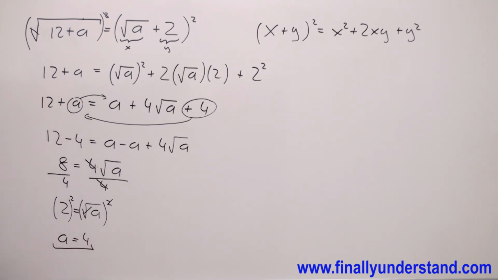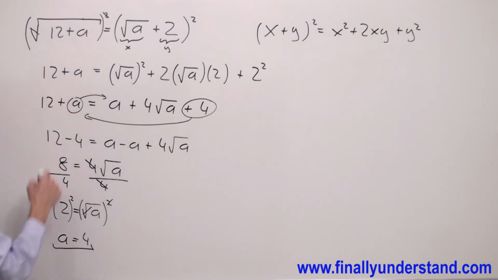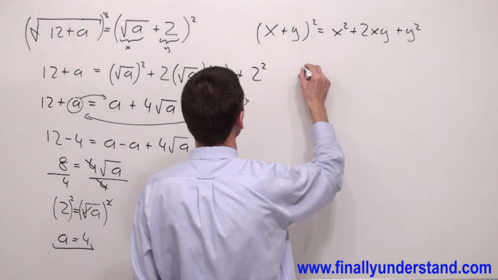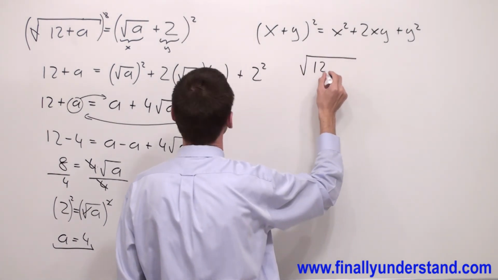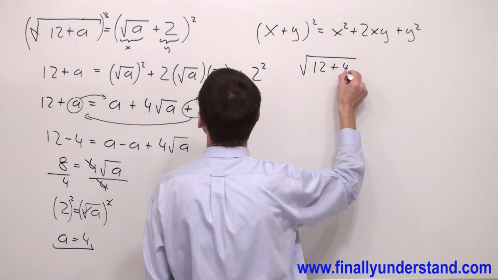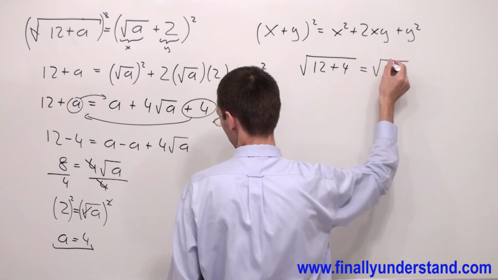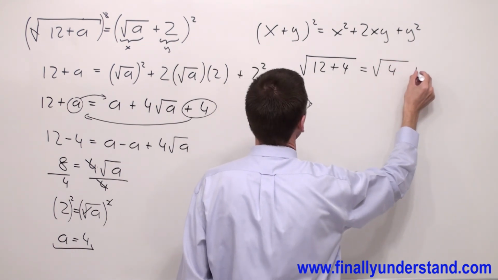Let's take a look if this is the proper answer to my problem. I'm going to replace every a in my equation by 4. And I have square root of 12 plus 4 equals square root of 4 plus 2.